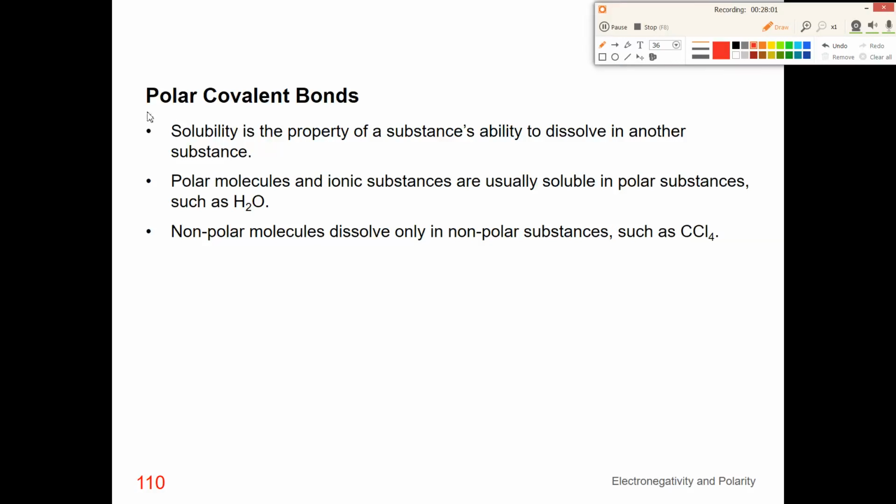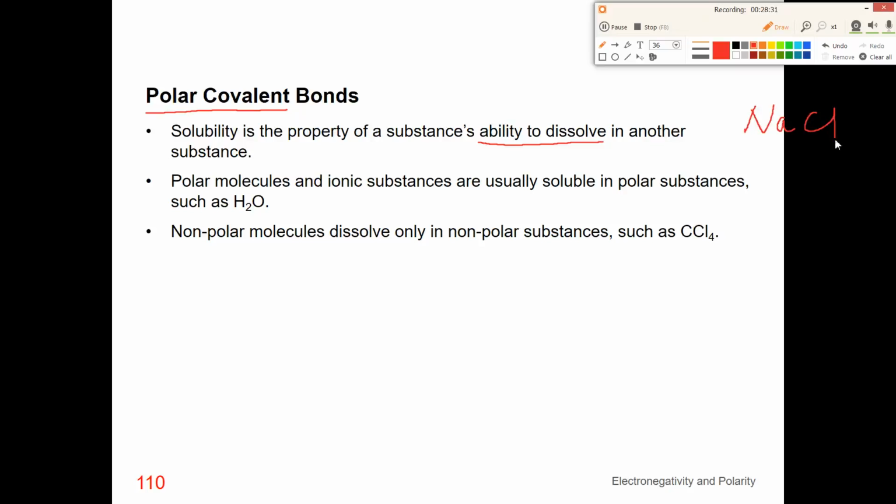So this is a physical property of the polar covalent compounds, their solubility. Solubility is the property of a substance's ability to dissolve in another substance, like salt water.